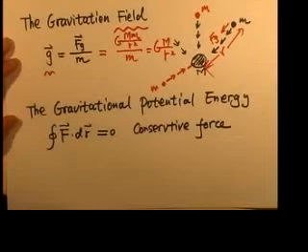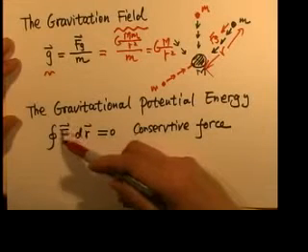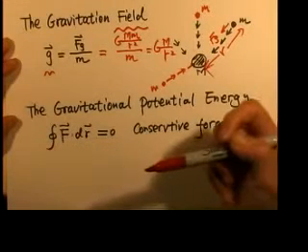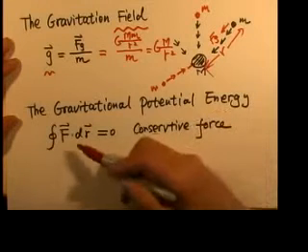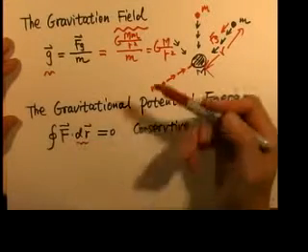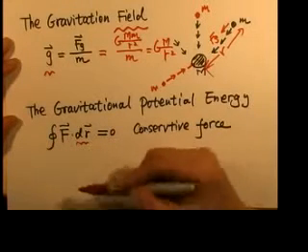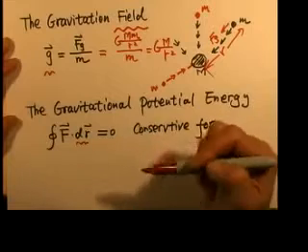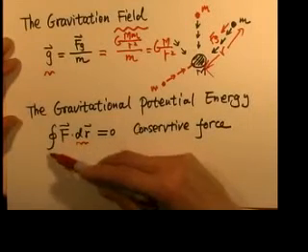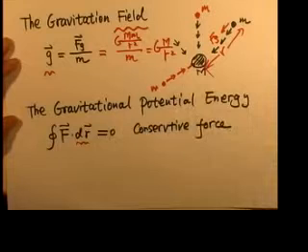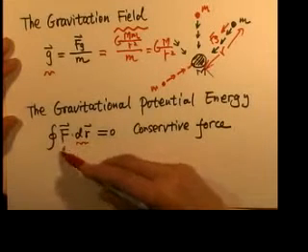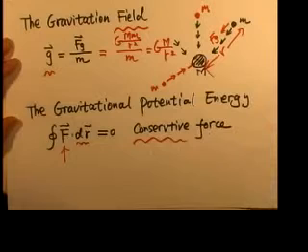The definition of a conservative force: if there's a particle with a force on it, and the particle moves a distance dr around a closed path, where you start from point A, go somewhere, and are back at A, and this integral comes out equal to 0, then that force F is a conservative force. Very weird definition. That is from your textbook, chapter 8, the definition of conservative force.